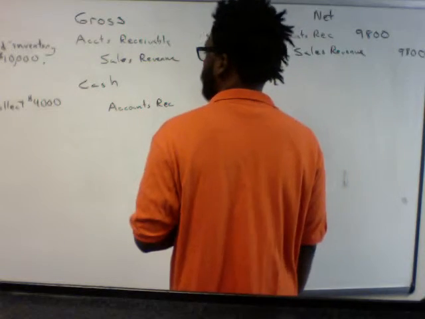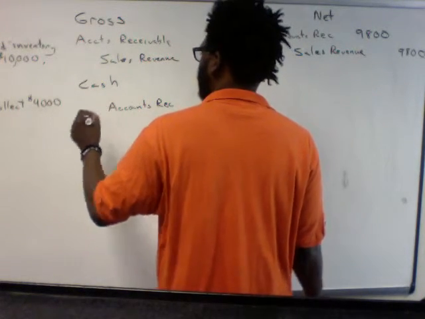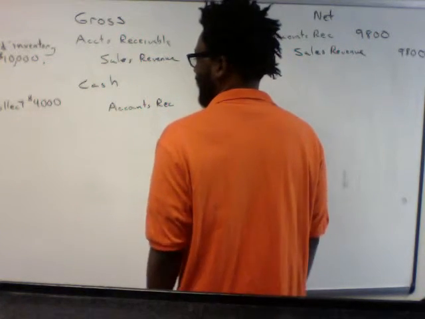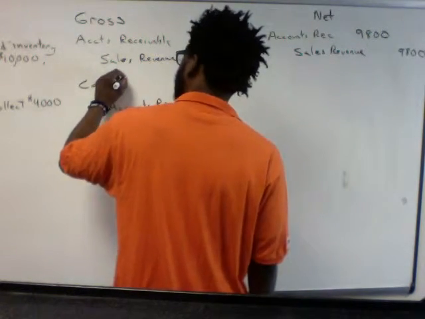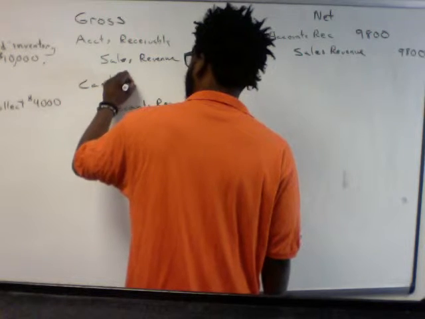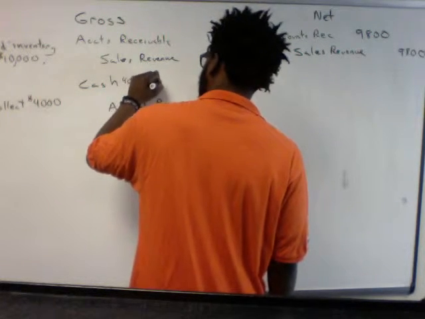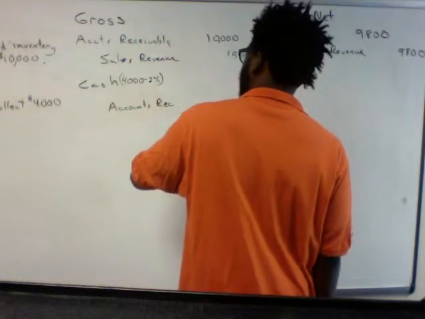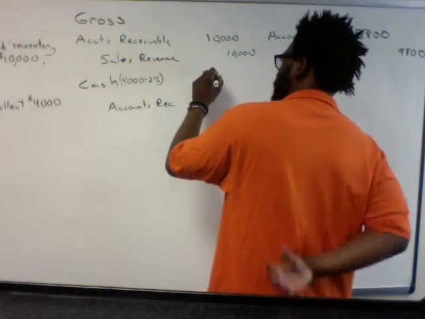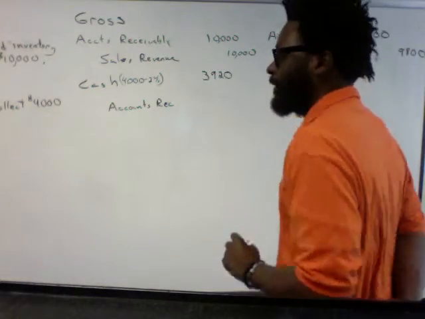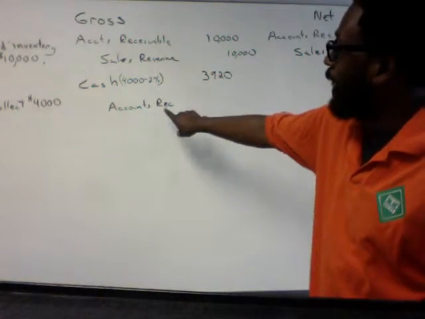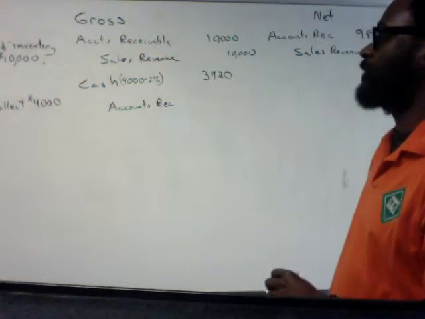And so 2% of the $4,000, what is that? $80, right? So we have to take $80 from cash. So we can take 4,000 minus 2%, and that'll give us 3,920, right?